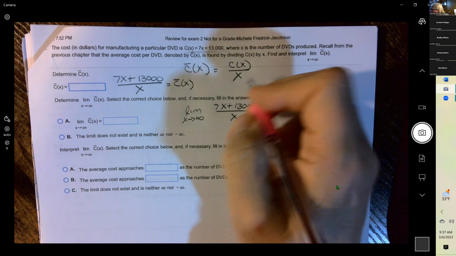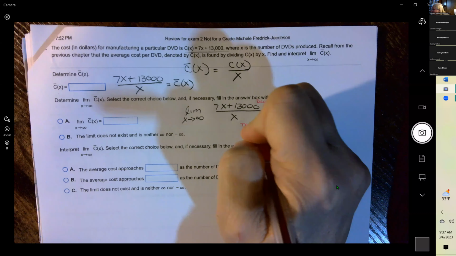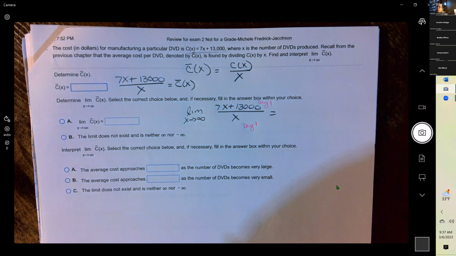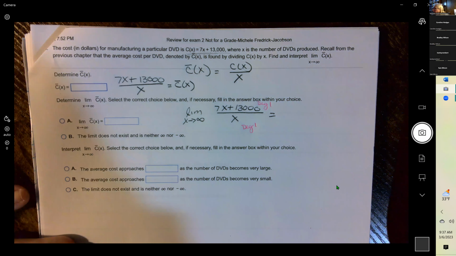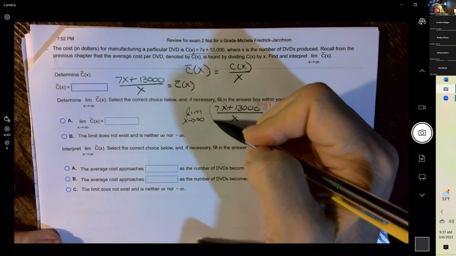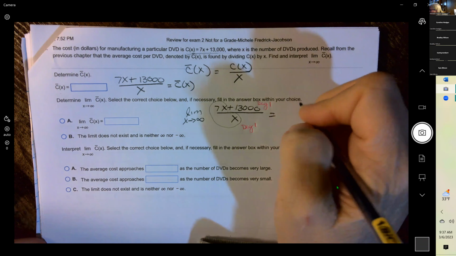But if we look at the bottom, the degree is also 1. When the degree of the top and the bottom are the same, you can take your two largest degree terms and reduce them.